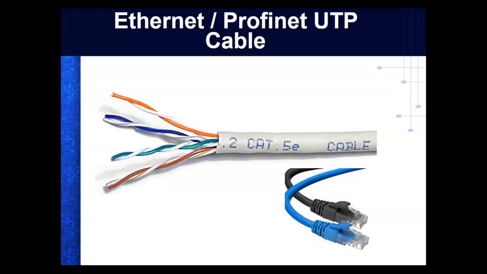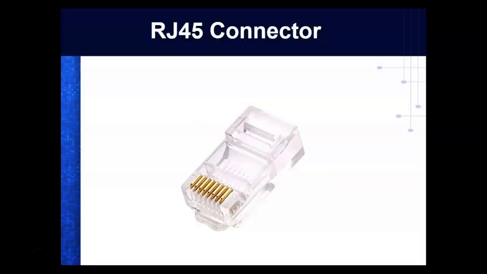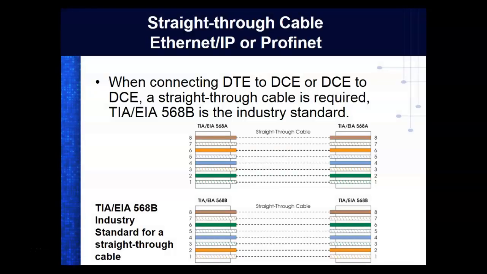So here, we have two methods we can wire these things. These are industry standard methods of wiring using Ethernet, which is what we're going to use. We have what we call TIA. TIA stands for Telecommunications Industry Association, which has come and replaced EIA, which is Electronic Industries Association.